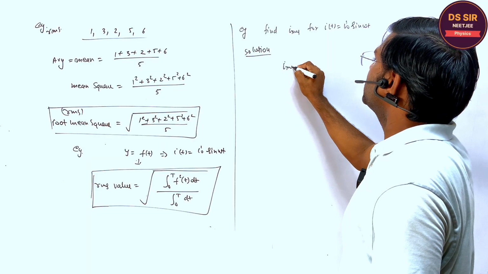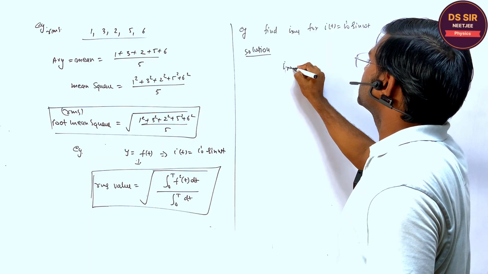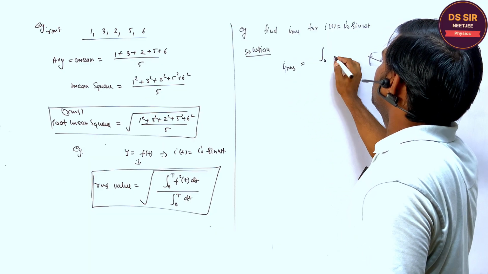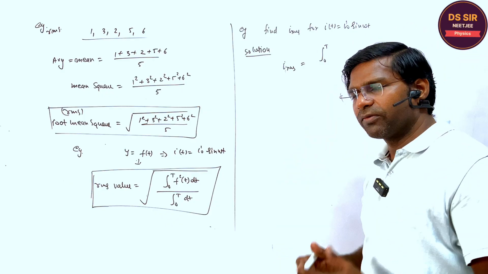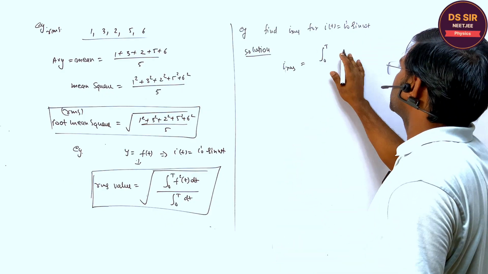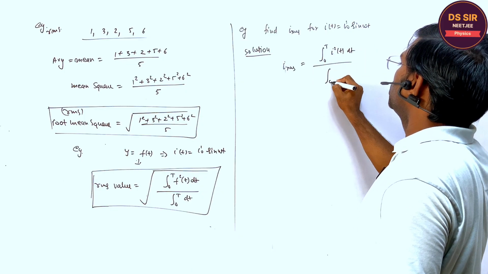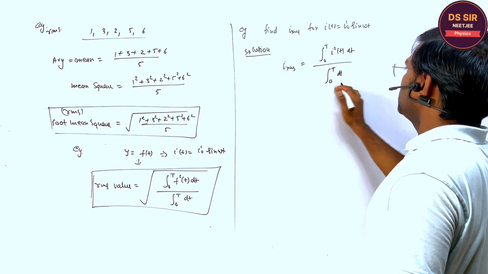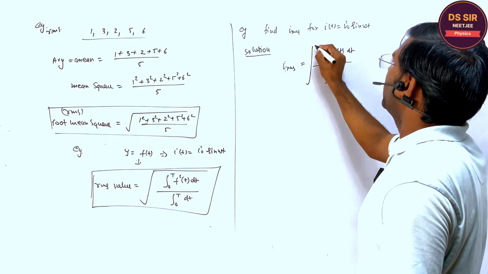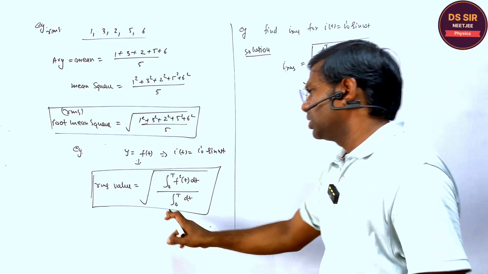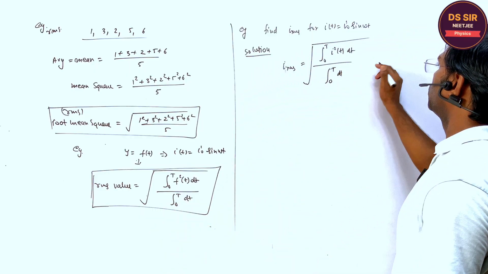So the IRMS value is equal to, for one time interval from 0 to T, the square root of the integral of I square t dt divided by capital T. This is the formula we are going to use.